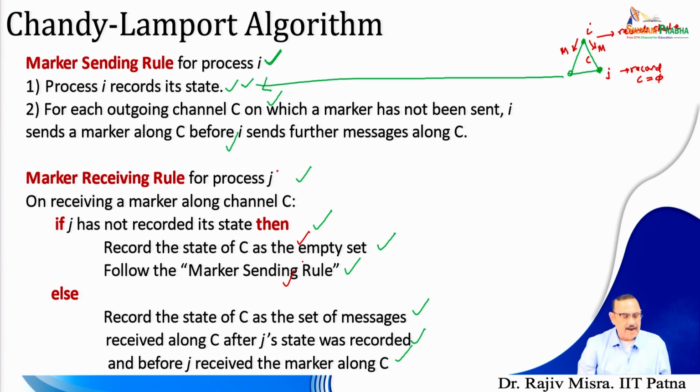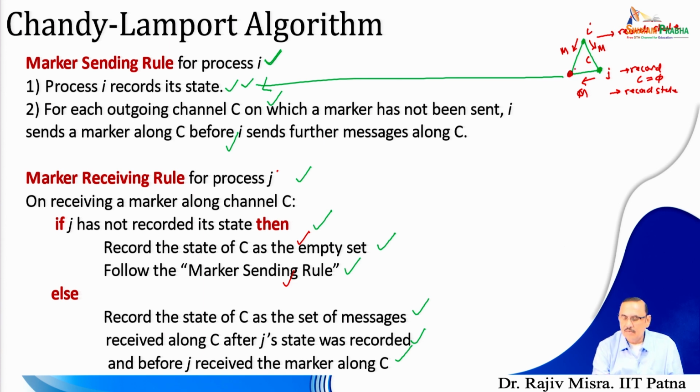What rule 1 says is that the process then records its state, and for each outgoing channel, that is this one, on which the marker has not been sent, it sends a marker along C before it sends further messages. So, it sends a marker here in this particular channel.